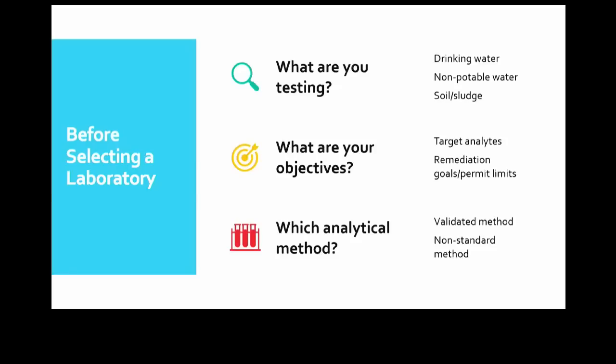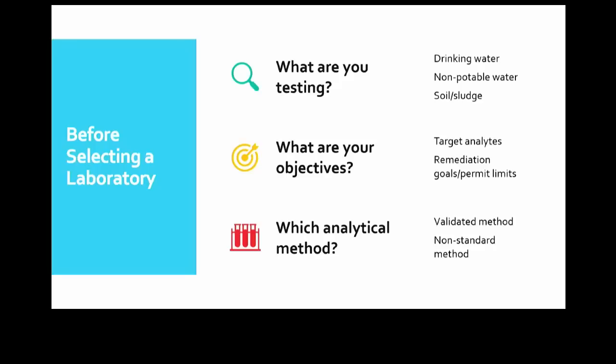As you go through your project planning, you'll identify that there are methods already validated and ready that are going to be able to meet your needs. But in some cases, this particular method may not be able to reach low enough limits to support your decision making or meet your specific project needs.